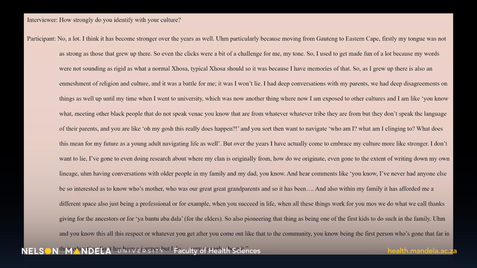So even the clicks were a bit of a challenge for me, my tone. So I used to get made fun of a lot because my words were not sounding as rigid as what a normal Xhosa, typical Xhosa should. So it was because I have memories of that. So I grew up there. There is also an enmeshment of religion and culture. It was a battle for me. It was, I won't lie."